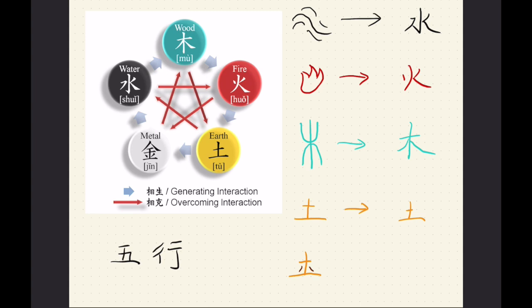In order to give this picture a pronunciation, the ancient Chinese added the phonetic part. This part is pronounced Jin, which sounds exactly the same as the Chinese word for metal or gold, which is also Jin.